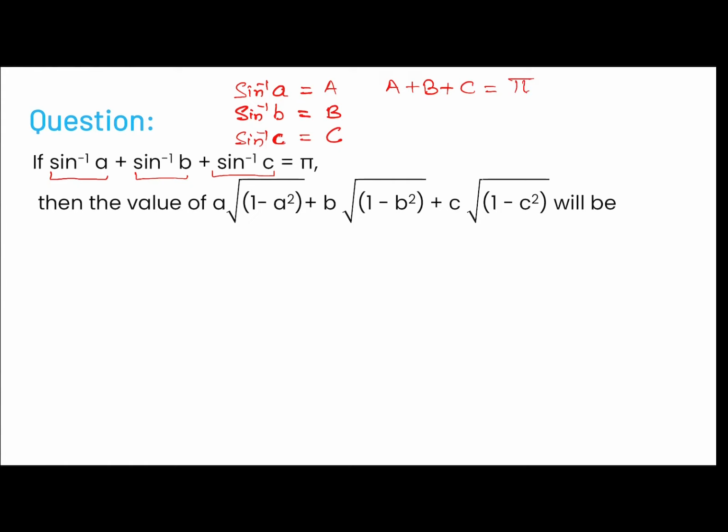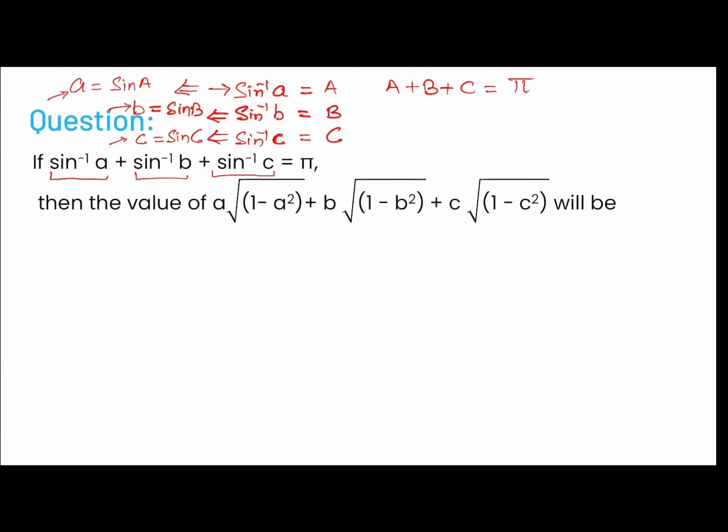Now from here we can say that sin inverse a is equal to A, so we can write a equal to sin of A. Similarly b equal to sin of B and c equal to sin of C. Okay, these are the values of small a, small b, small c.